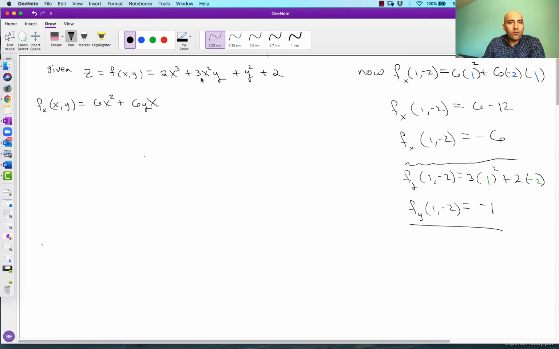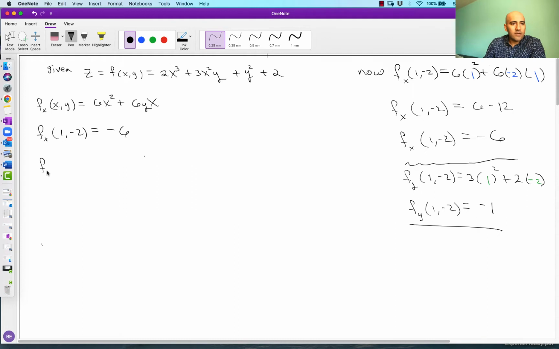These other two are zeros, so that's the end of it. If we evaluate f sub x at 1 comma negative 2, we got negative 6.